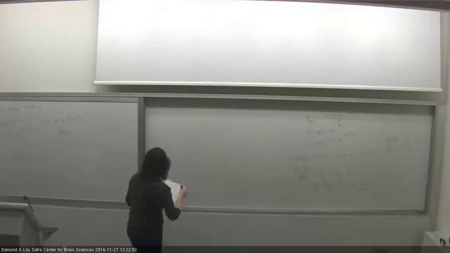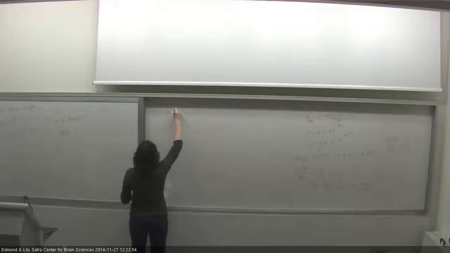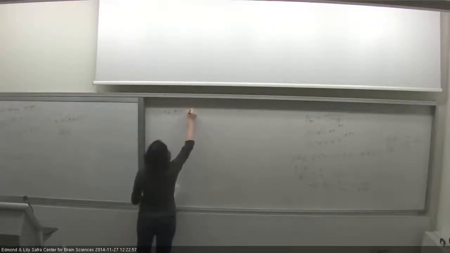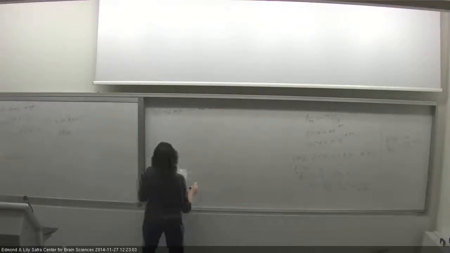Okay, so the third limitation is that the maximum likelihood estimator can be biased. Let's see an example.